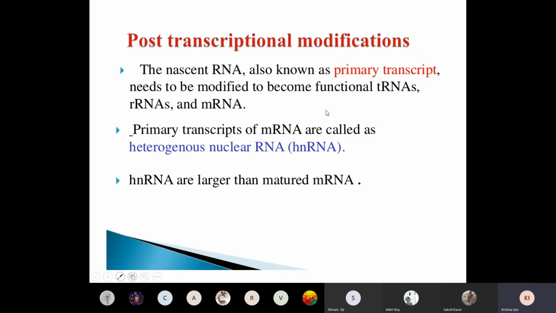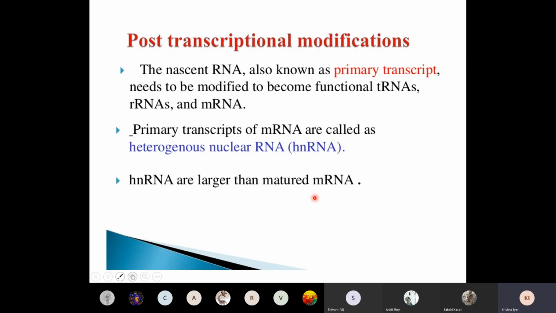Sometimes these primary transcripts of mRNA are also referred to as heterogeneous nuclear RNA or hnRNA, because they are present in the nucleus. That is where the modification occurs, and then once they are converted to mature RNA, which is now called mRNA, they are released into the cytosol.